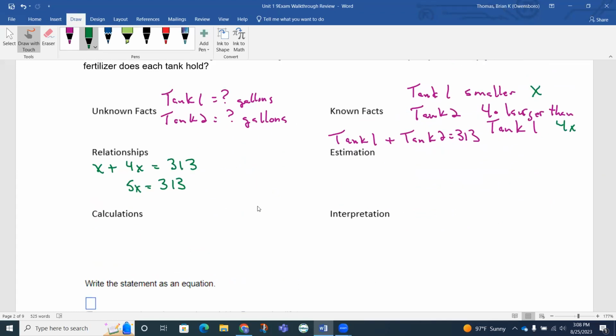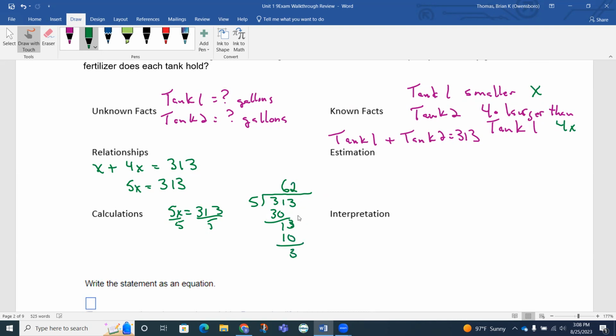So if I want to solve this, I have 5x equals 313. If I divide each side by 5, I don't have my calculator handy, so I'll just do it long ways. But if you have your calculator handy, just use it. So 5 goes into 31 6 times. 6 times 5 is 30. 1 comes down, 3 comes down. 5 goes into 13 twice. 2 times 5 is 10.